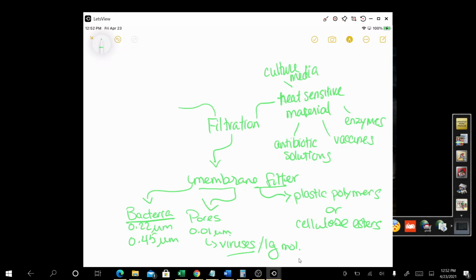Another filter is called HEPA filter. And HEPA stands for high efficiency particulate air, and they are filters.